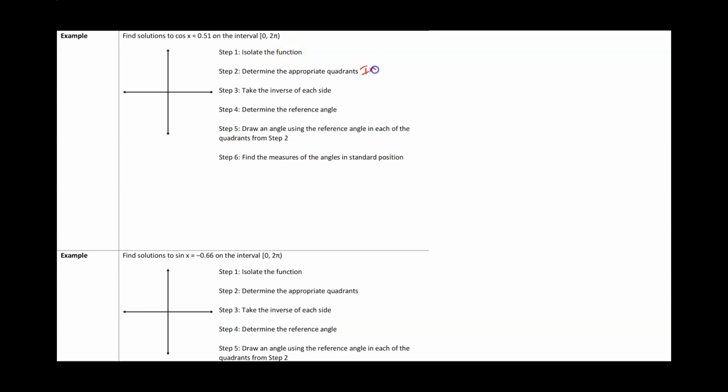So we're going to ask ourselves, in which quadrants is cosine positive? In this case, we got a positive 0.51. So we have all students take calculus, and cosine is going to be positive in quadrant 1 and also in quadrant 4.